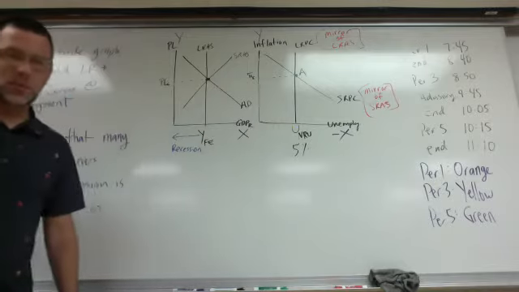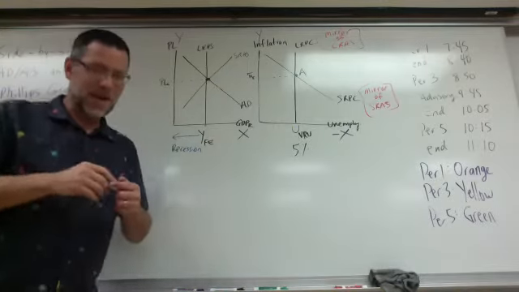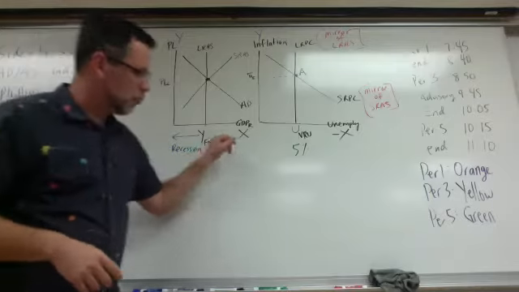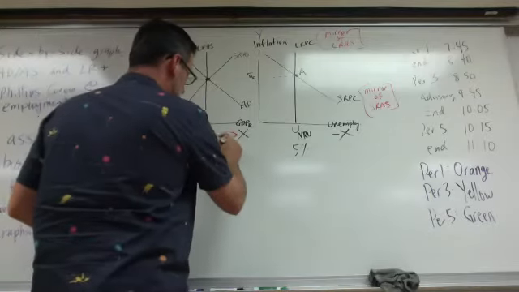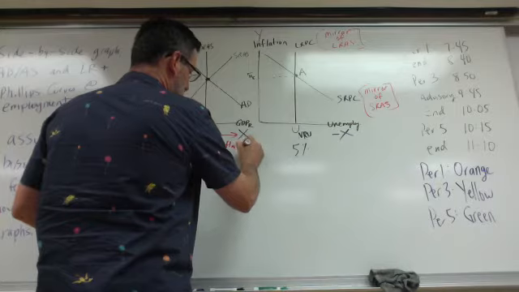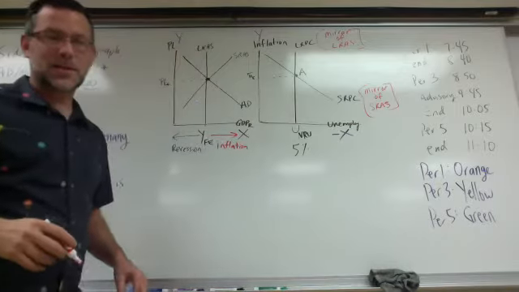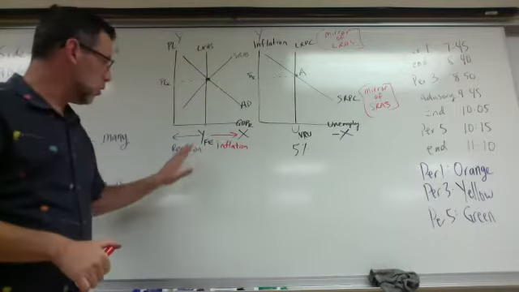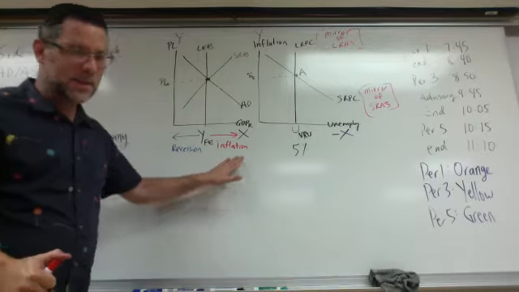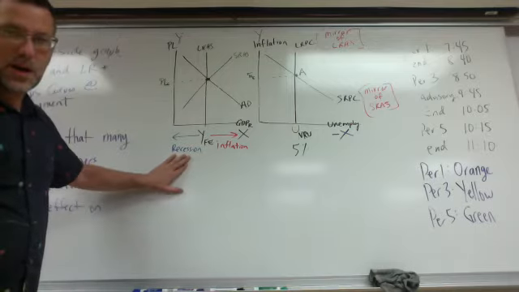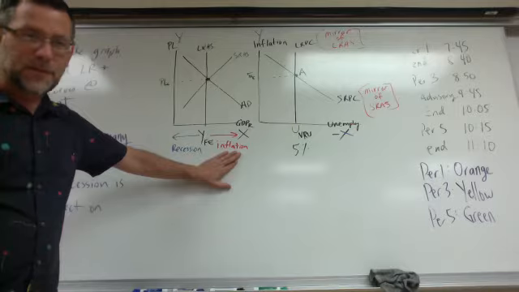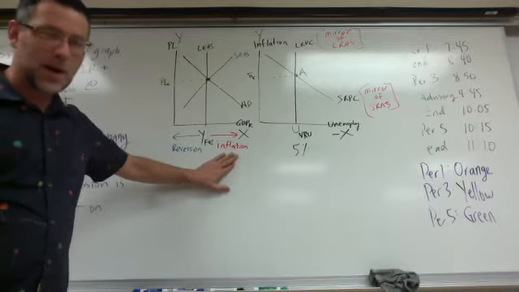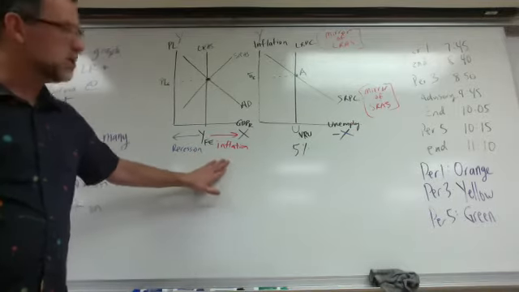If my intersection point is to the right of full employment, we have an economy that's too hot. So this is my too cold, this is my too hot. Below full employment, we're underperforming. Above full employment is a too hot economy. We've got recession and inflation.